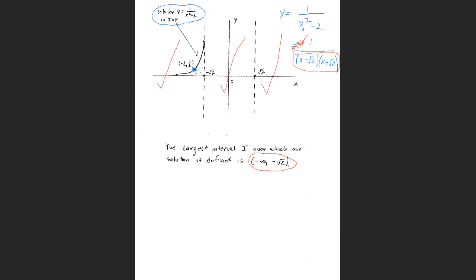Since the solution has to pass through the point negative 2, 1/2, this is what it looks like. And so the largest interval over which the solution is defined is that left partition, from negative infinity to negative root 2.